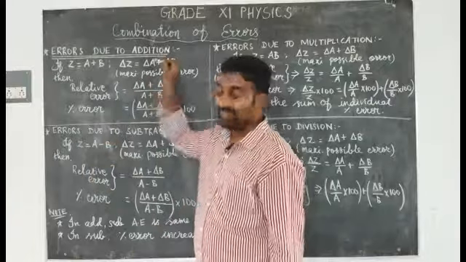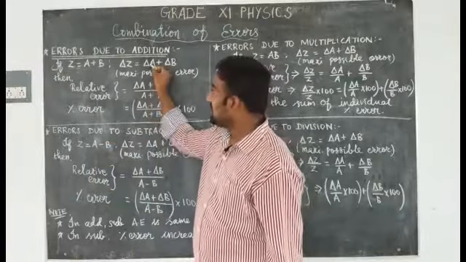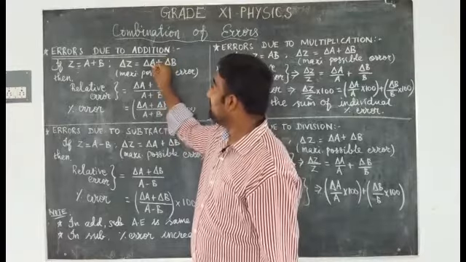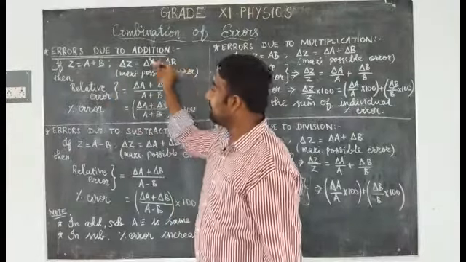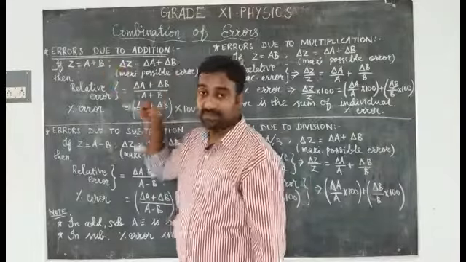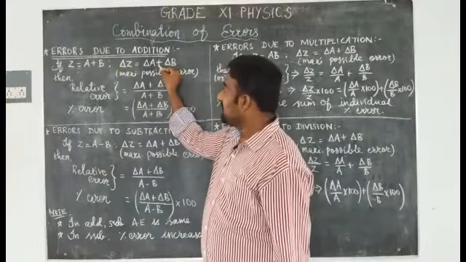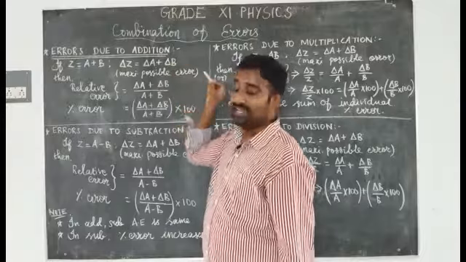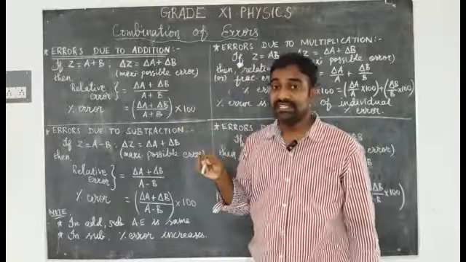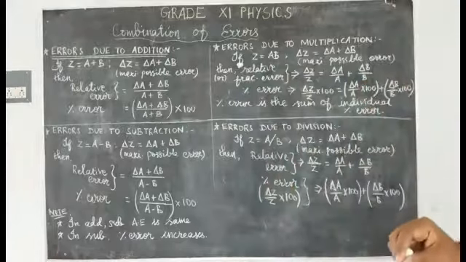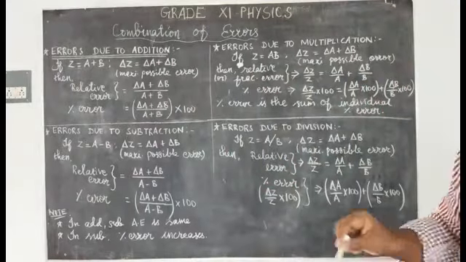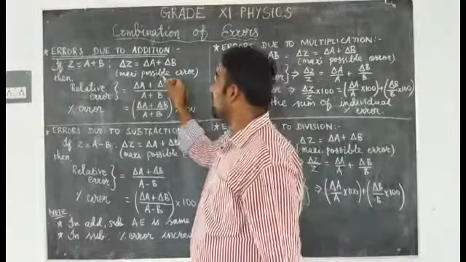Similarly, here we have errors. Delta A is the maximum possible error of the first measurement. Similarly, delta B is the maximum possible error of the second measurement. In the book they give delta A plus or minus delta B, because, as I said already, sign also plays a very important role, since it may be positive or negative.